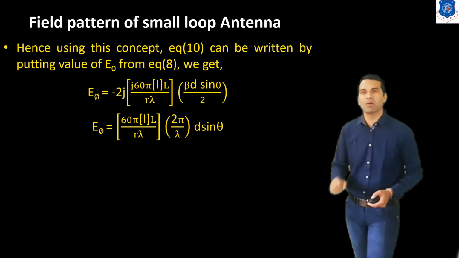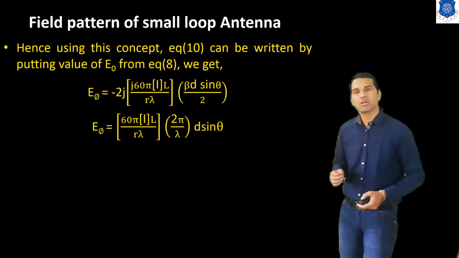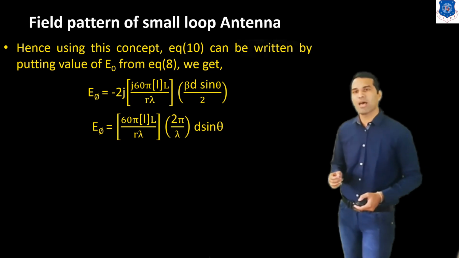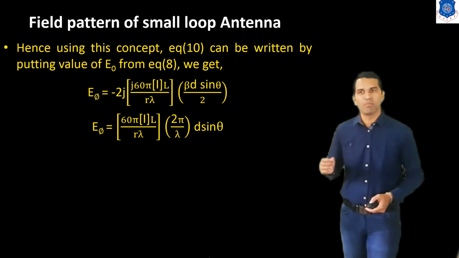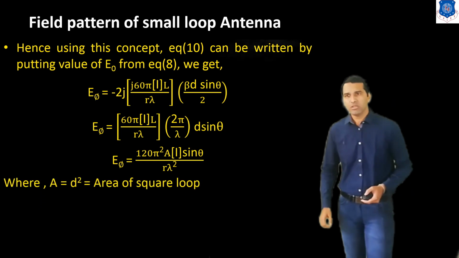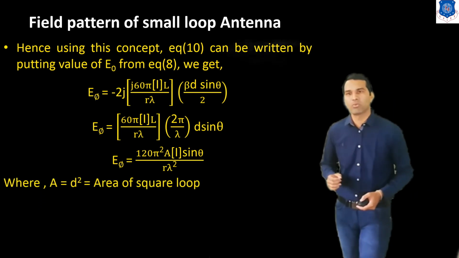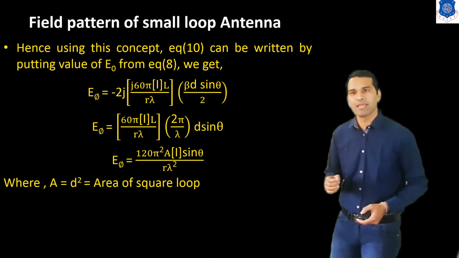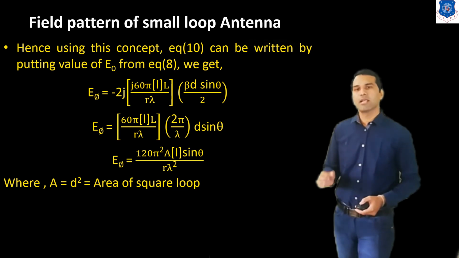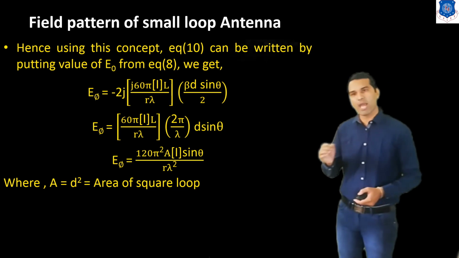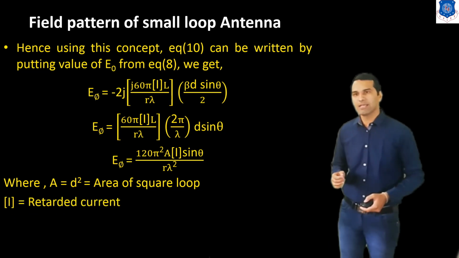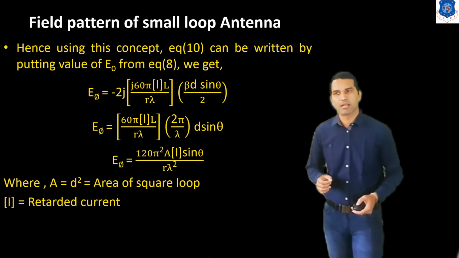We put the value of beta, which is 2 pi by lambda, in 60 pi IL upon R lambda, along with d sin theta, and the 2 cancels. So finally we get E phi equals 120 pi squared A I sin theta upon R lambda squared. Here A indicates the area of the square loop, so instead of d squared we write A, and I indicates the retarded current.